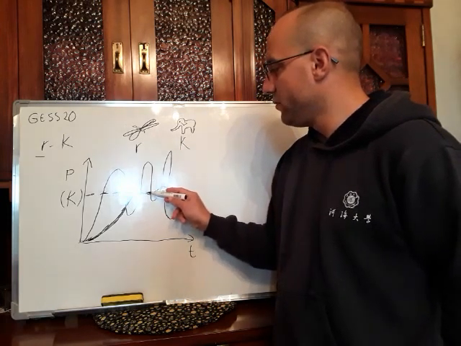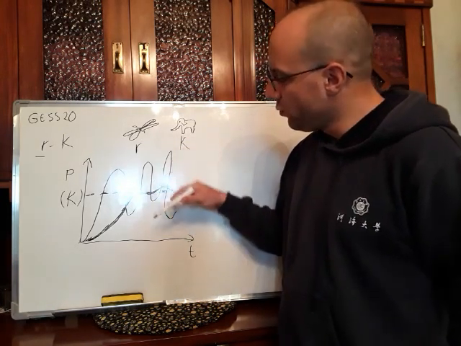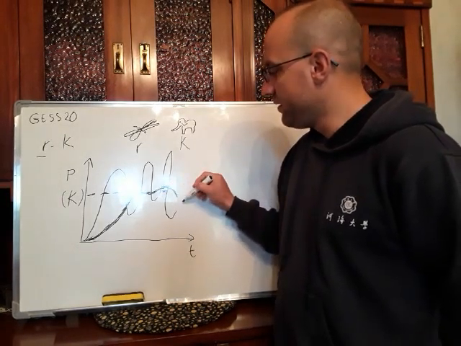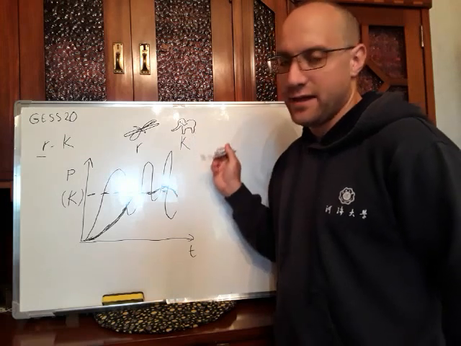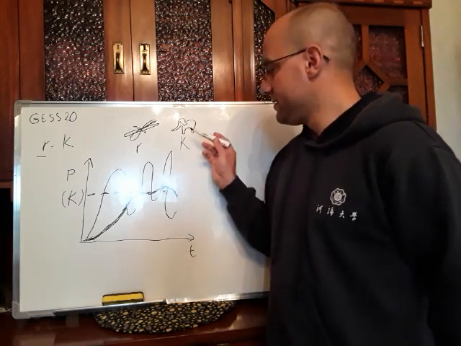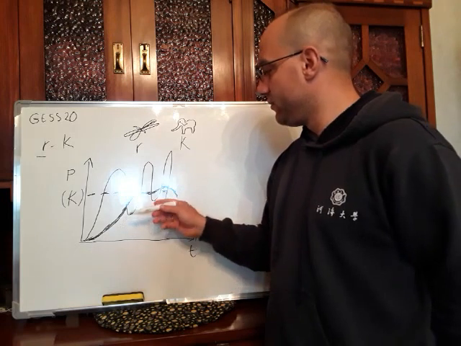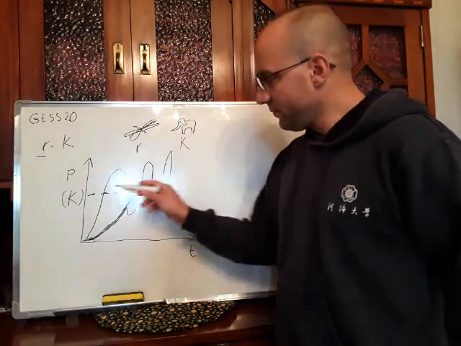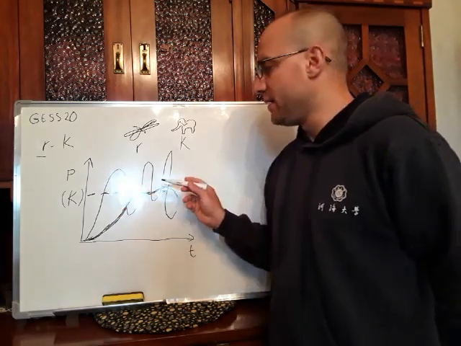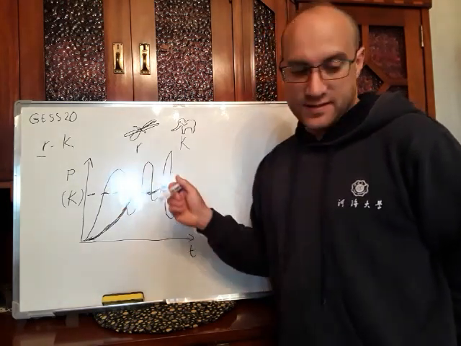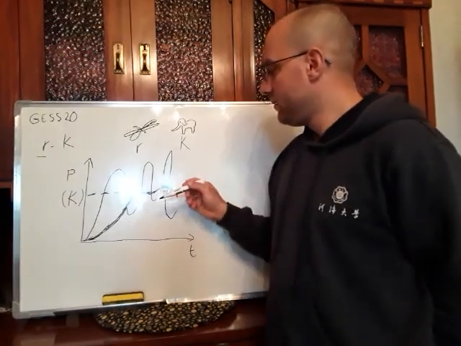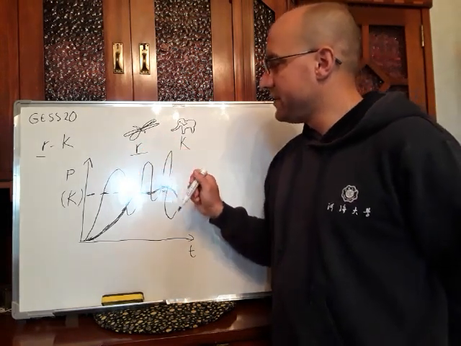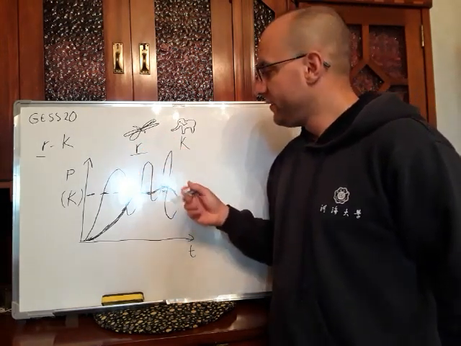Sometimes perhaps it would go above it, but there will be no very significant drops in the population, so there won't be elephants completely disappearing from an area and then reappearing again. There will be a steady, near carrying capacity number of individuals in this population. So how are then the R-selected species going to live their life?